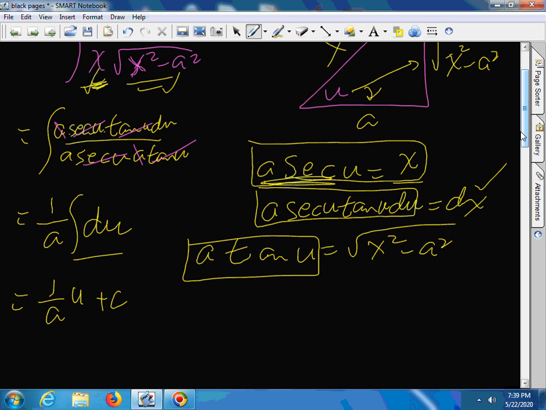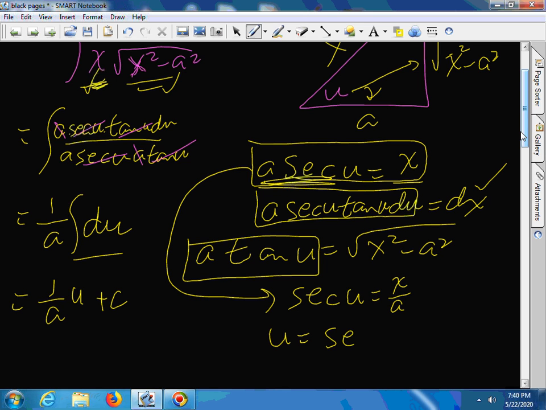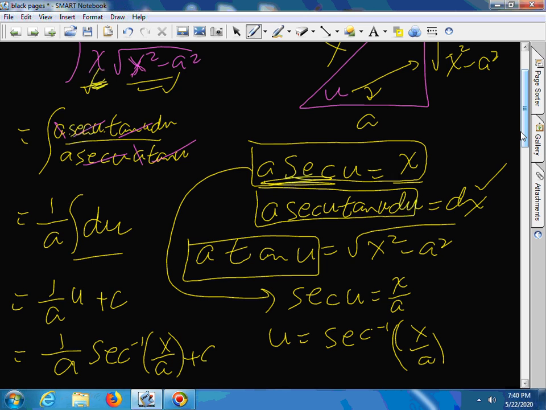So what's u? You can come here and realize that secant of u is x over a, so u is equal to the secant inverse of x over a. So we have 1 over a secant inverse of x over a plus a constant.